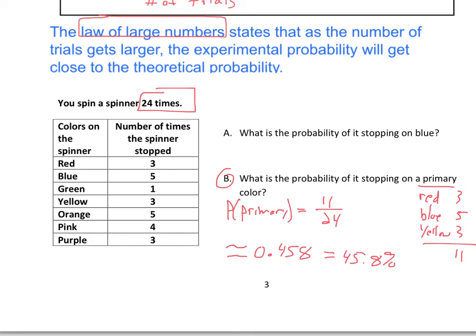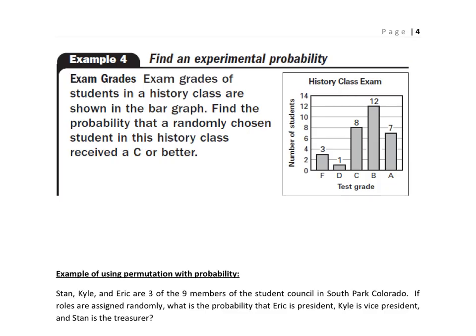So fairly simple to do. I would like you to try example 4. So give that a shot, submit your answer. And that concludes my video.